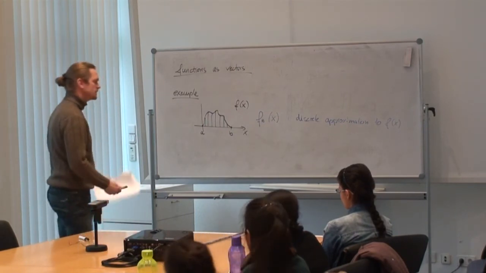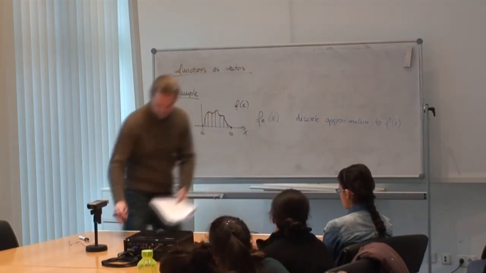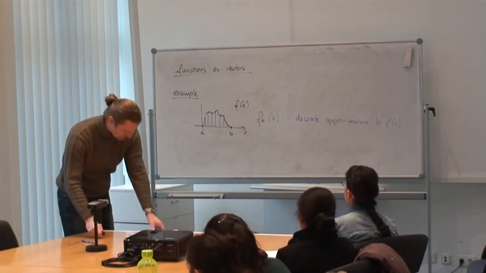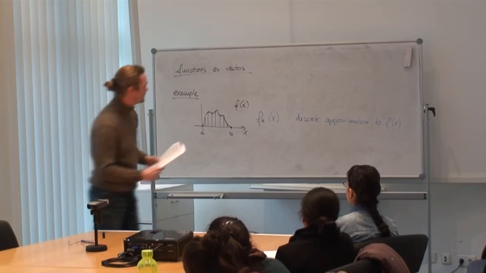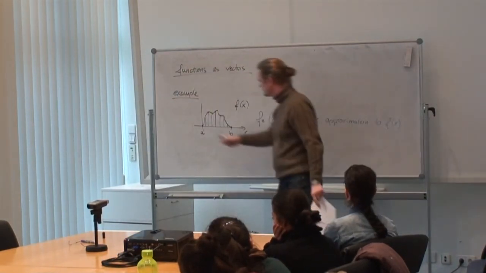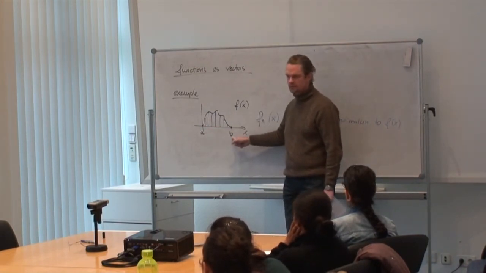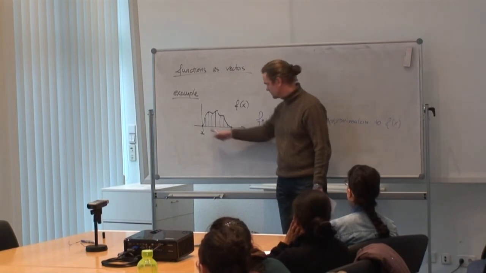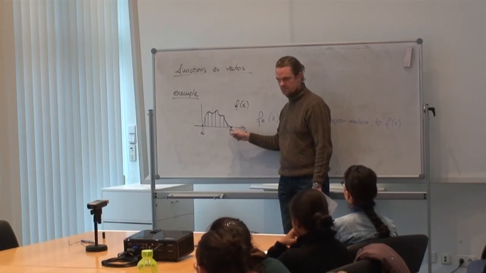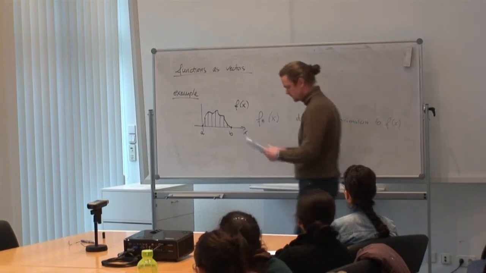And now comes a crucial idea. I'll switch back to black because it's more readable. We may understand this discrete function, which over the interval from a to b is basically a collection of 1, 2, 3, 4, 5, 6, 7, 8, 9 numbers, as a vector. 9 numbers, we collect them in a tuple.